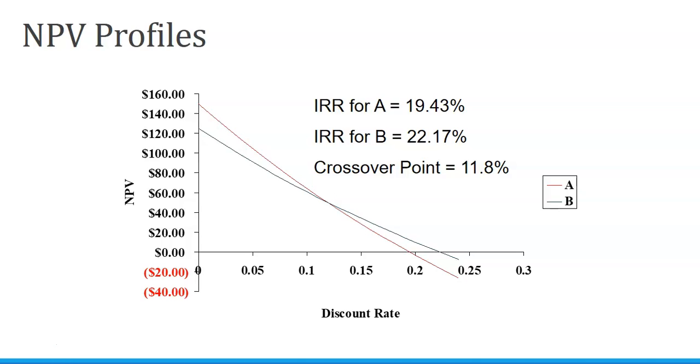The internal rate of return for B is 22.17%, and our crossover point is 11.8%. So this is where project A and project B meet, where they're the exact same value at 11.8%.